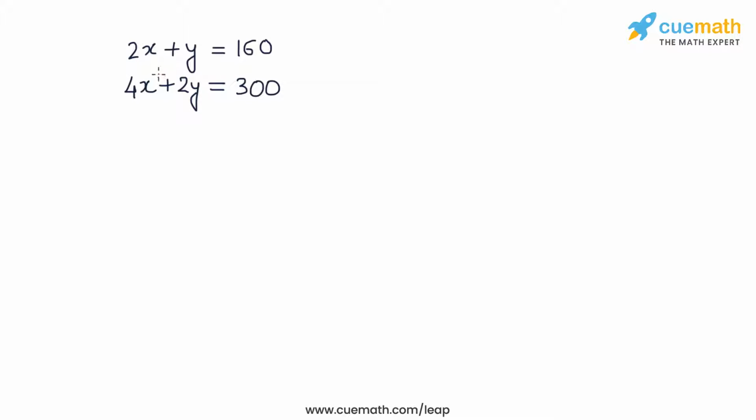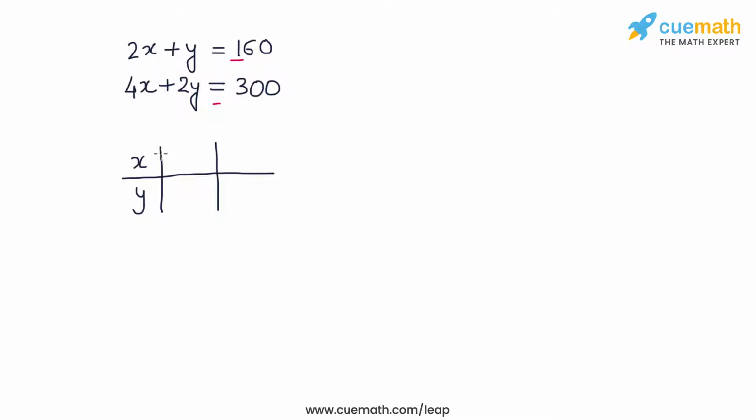So the two equations are 2x plus y equal to 160 and 4x plus 2y equal to 300. Let's take the first equation and find any two solutions of this equation. So let's draw this xy table and take two values of x and find corresponding values of y.